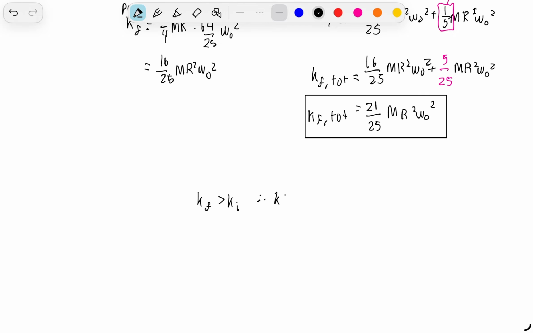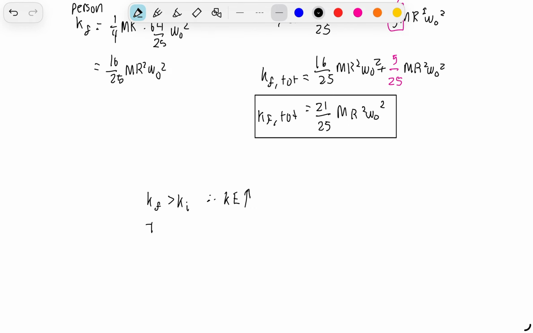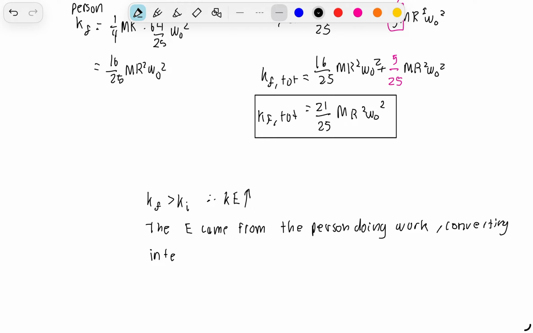Therefore, kinetic energy increased, and that means that the energy came from the person doing work, which converted internal energy into kinetic energy.